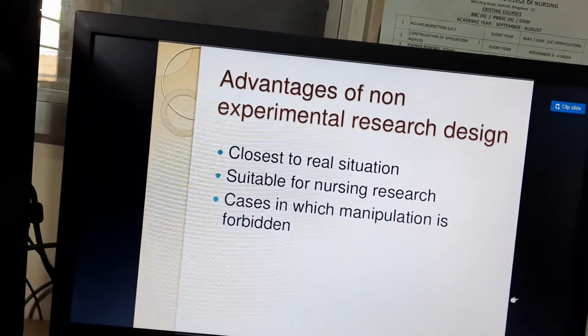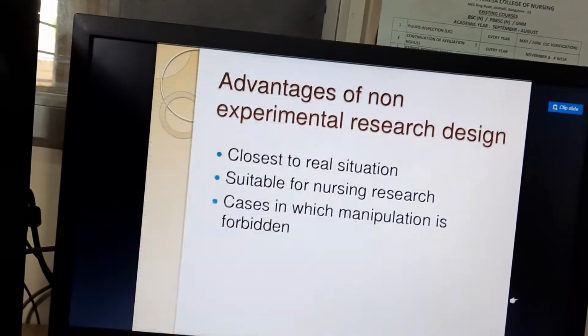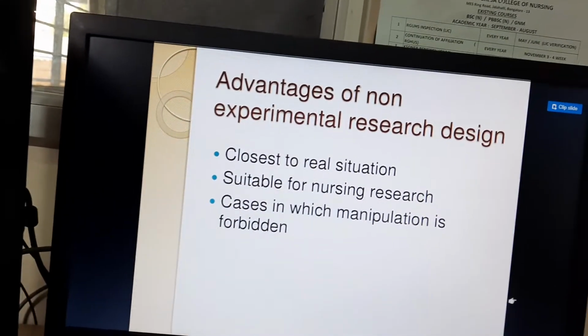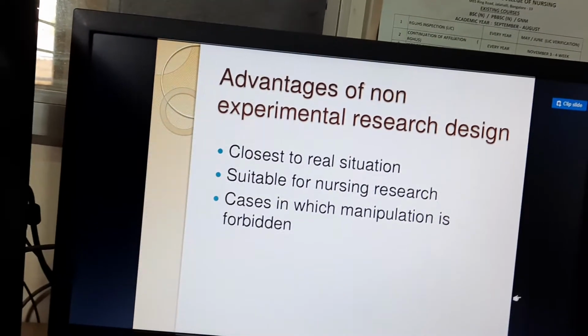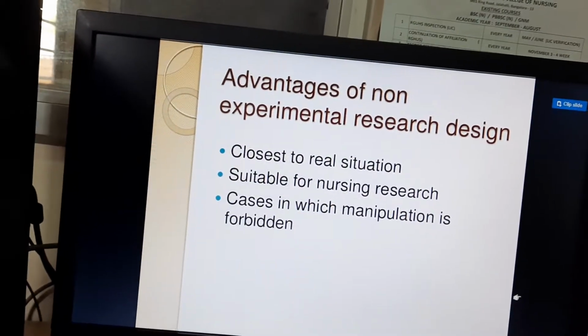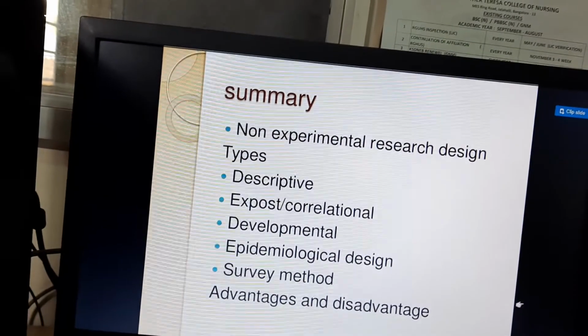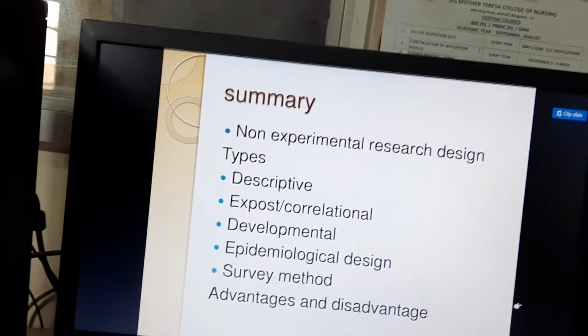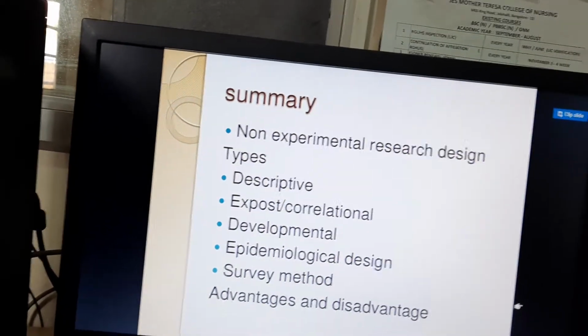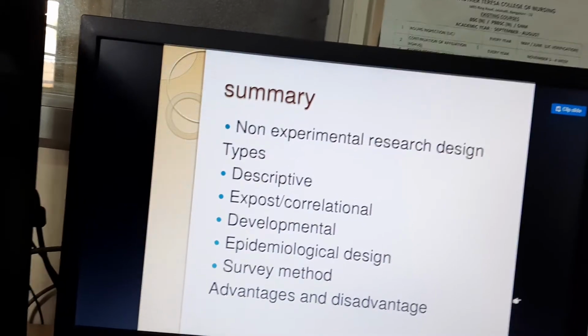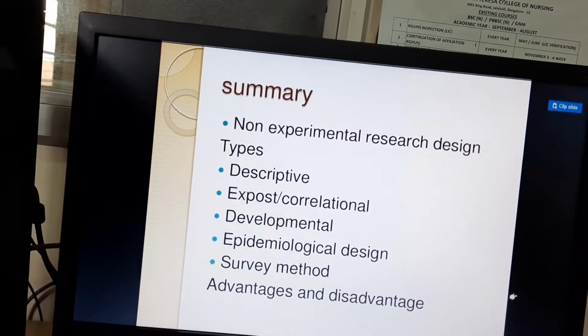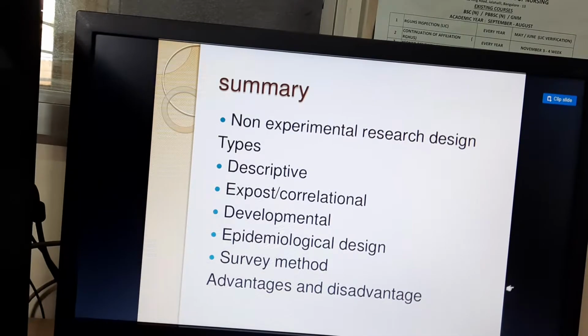Advantages of non-experimental research designs: they are closest to real situations, suitable for nursing research, and useful in cases in which manipulation is forbidden. So the non-experimental research types are descriptive, correlational, developmental, epidemiological design, and survey method, with advantages and disadvantages.